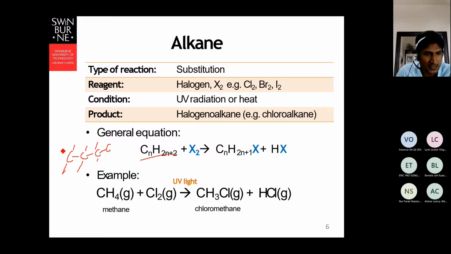Let's say this is butane, with hydrogen everywhere. If I remove one hydrogen and replace it with a chlorine, it becomes chlorobutane.